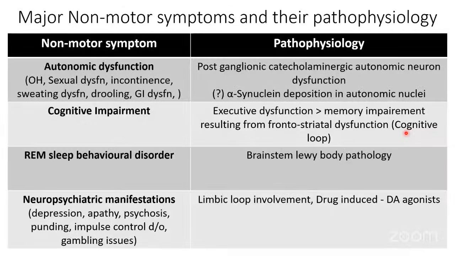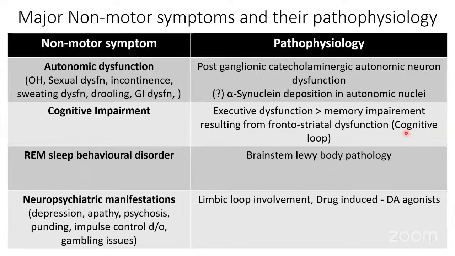Then REM sleep behavioral disorder is due to brainstem, mainly pons and medulla, Lewy body pathology. It is seen in the sublateral dorsal nucleus of the pons and medullary nuclei of the medulla.